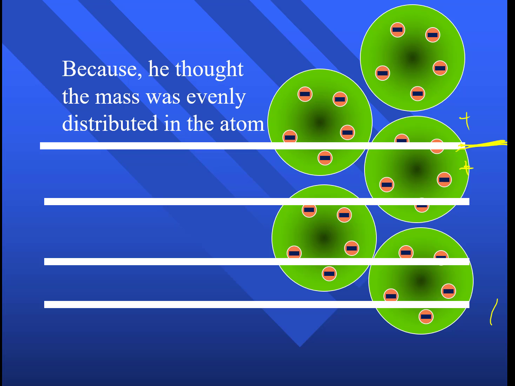So when it comes out of this last atom, it's going to turn just a little bit. I exaggerated how much it's going to turn. This is going to turn just a little bit because there's no positive down here to stop it. So this positive particle is going to get pushed and turn just a little bit. And that's going to happen everywhere. So the beam is going to spread out based on where it goes through that atom.